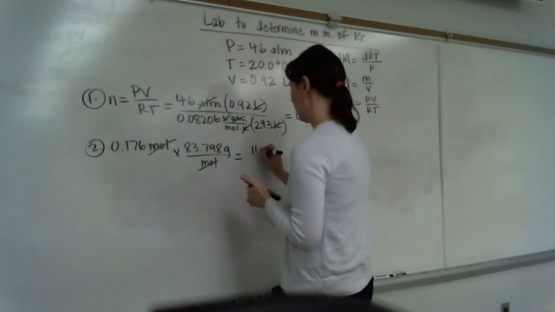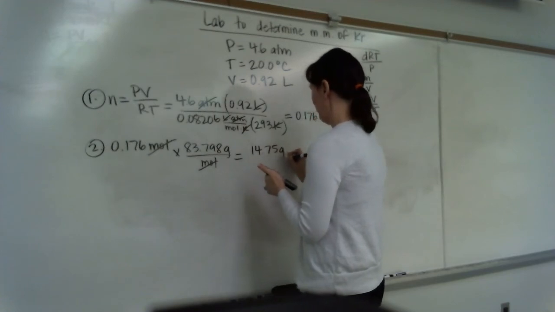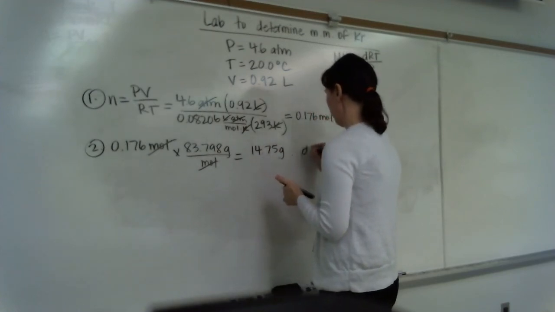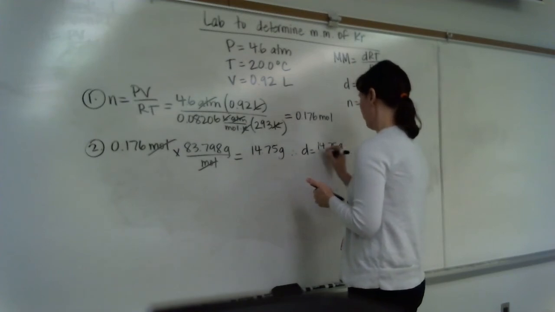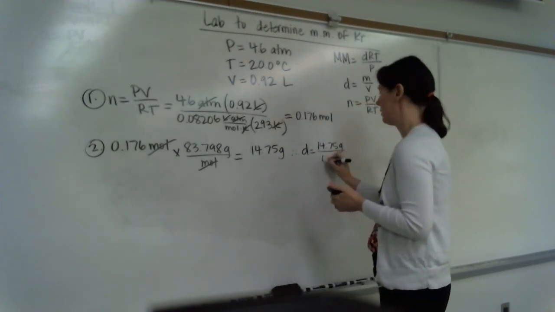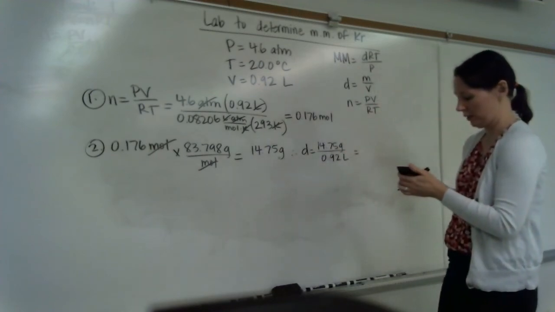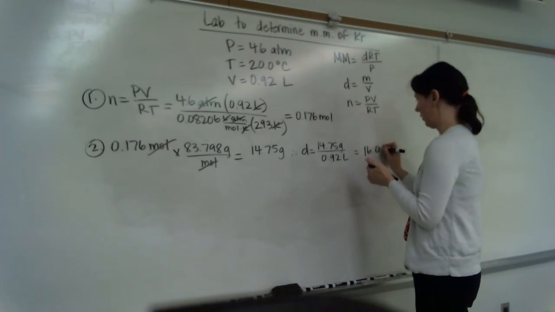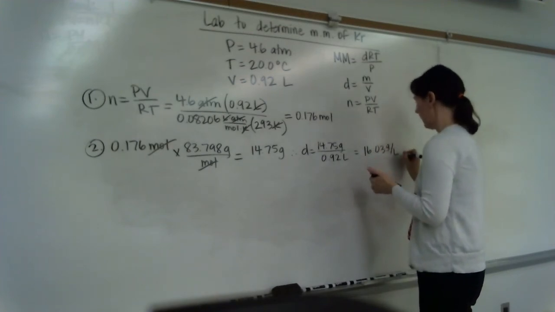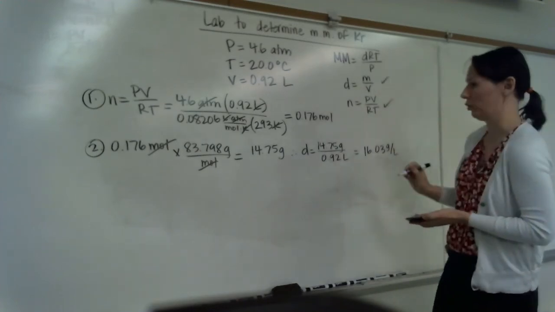That gives me 14.75 grams. That means my density is 14.75 grams divided by my volume, 0.92 liters. That gives me 16.03 grams per liter. So we did that. Now we're ready for molar mass.